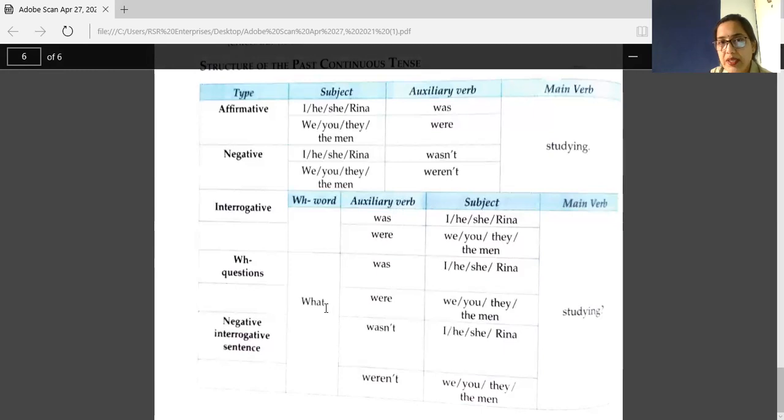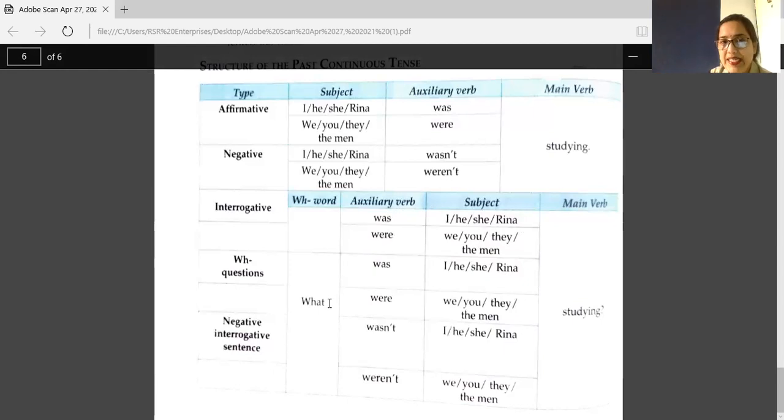Or with plural, what were they studying, or what were you studying, like this. Or without WH word, your sentence will be, were you studying, or was he studying?